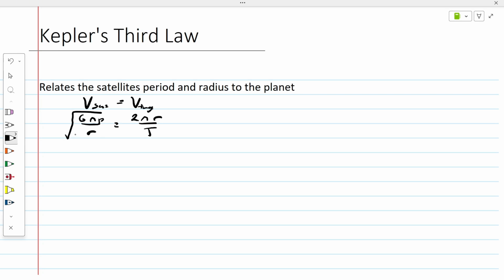Because we don't really want the square root in the equation, we'll square both sides here so that we can get pure terms and relate the radii together, because we need the radii to be one variable.